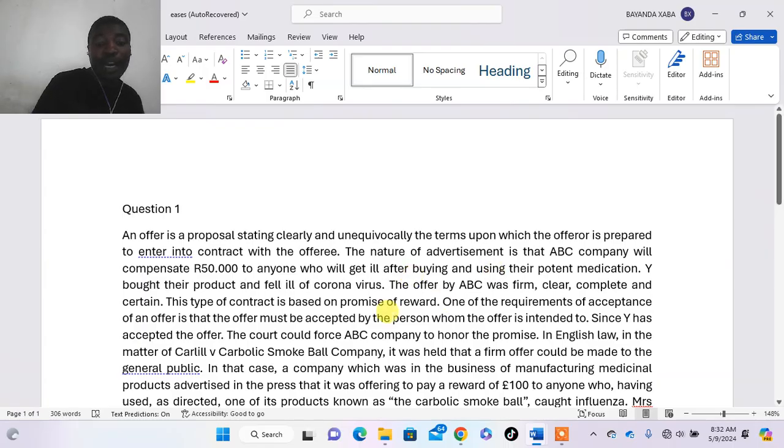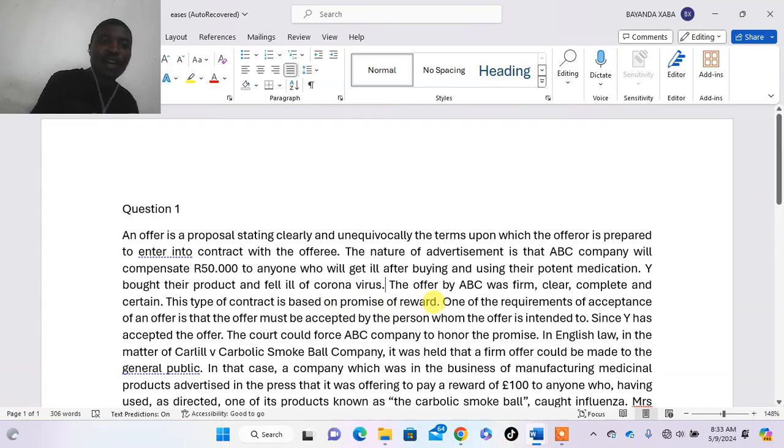And then you explain the requirements of an offer. The offer must be firm, which by ABC was firm. The offer must be clear, it must be complete and certain. And this type of contract is based on a promise of reward.